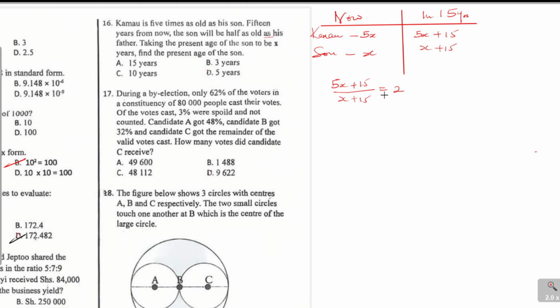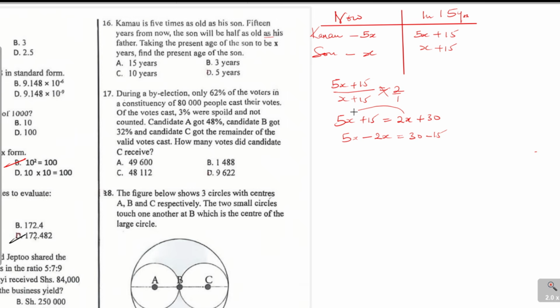So now, having this equation, you can simply solve for X. Just put this one as 2 divided by 1, then you cross multiply. 5X plus 15 times 1, you get 5X plus 15 is equal to 2 multiplied by X plus 15. So 2 times X, you get 2X, then 2 times 15, you get 30. Like terms together, so you have 5X minus 2X is equal to 30 minus 15.